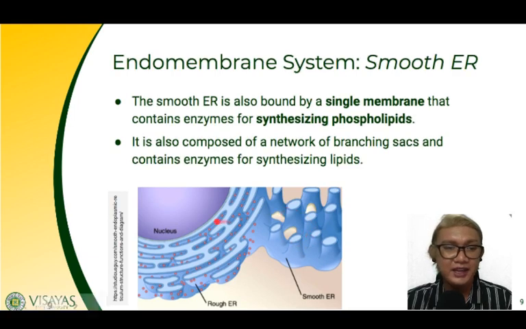If you see here, this is the nucleus, and continuous with the nuclear envelope is the rough ER. You can say that it is rough ER because it has ribosomes attached to it. And then you have here the smooth ER.